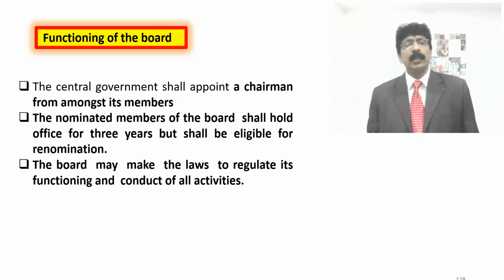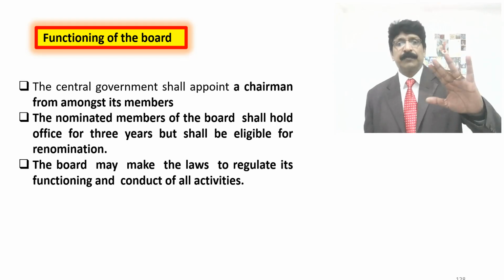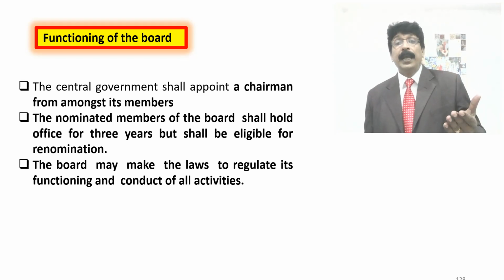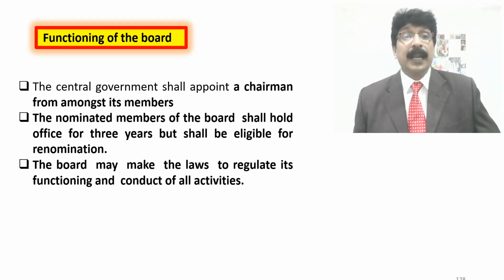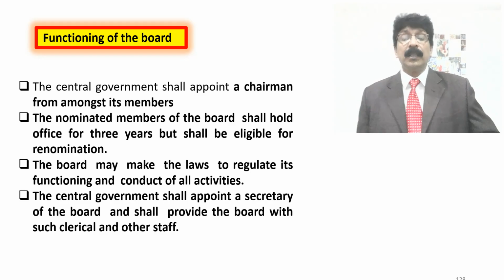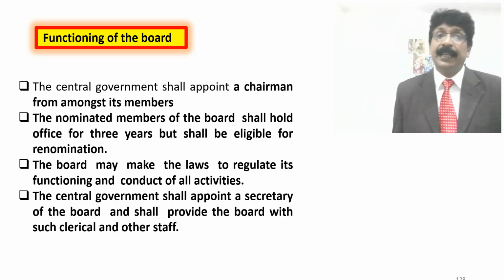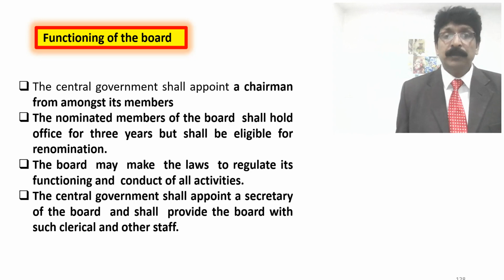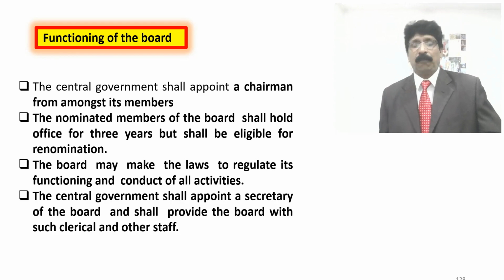The board may make rules to regulate its function and conduct of all activities. The central government shall appoint a secretary of the board and shall provide the board with such clerical and other staff also.